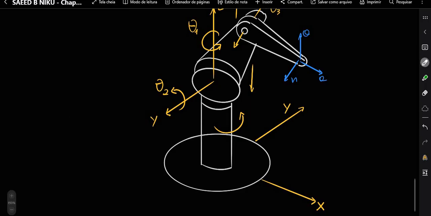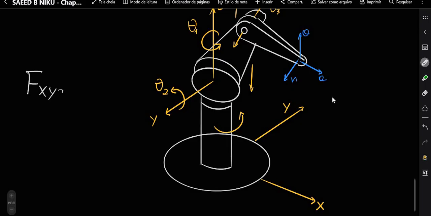So let's say right here we got the reference frame XYZ, which we call the universe reference frame, and also R. It's from robot, and it doesn't make a difference if this R is from robot, or, as I read in the literature, it can be from reference.